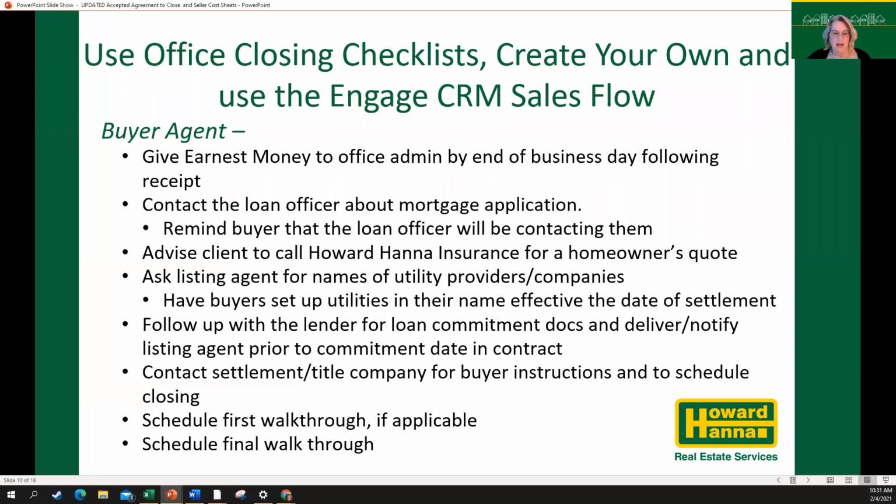In the memo line, have them write the address for the property. Take a photograph of it. Have your admin send a copy of the check to the listing agent, the buyer's agent, and both attorneys. It shows receipt, shows a date. Scan them in, send them off. Make sure those are being done.